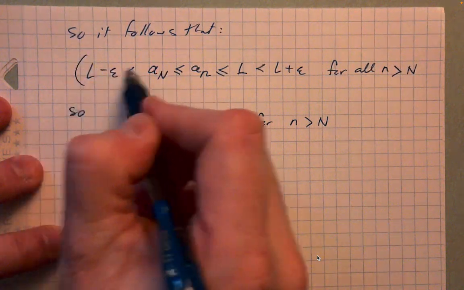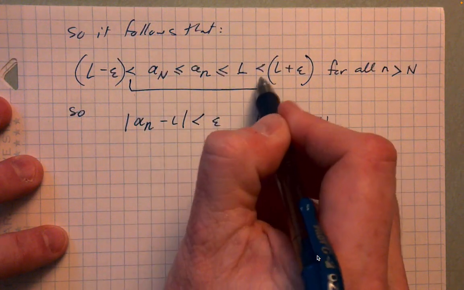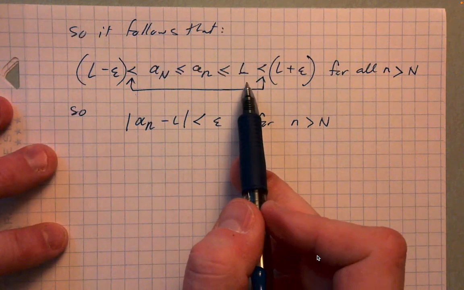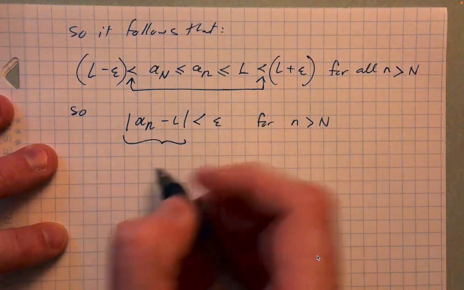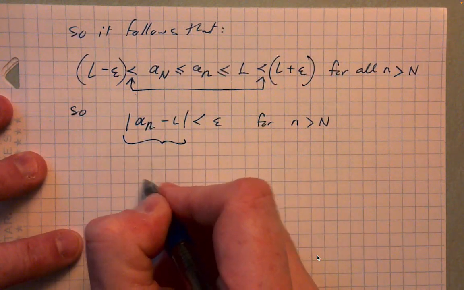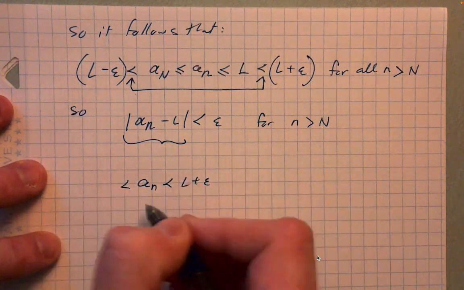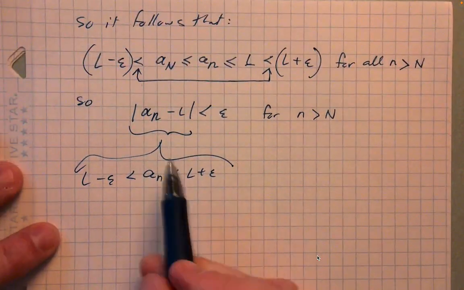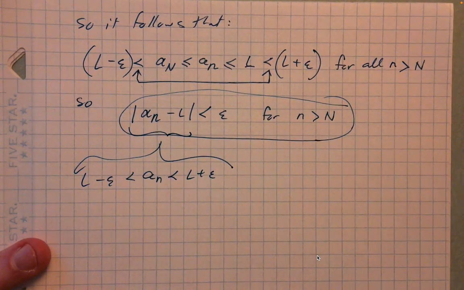So here's your L minus epsilon, here's L plus epsilon. Notice here you've got strict inequality. If you were to expand this, it would be A sub n less than L plus epsilon, and A sub n greater than L minus epsilon. That's just how you would expand this absolute value. So we've got this fact right here, and what is this?